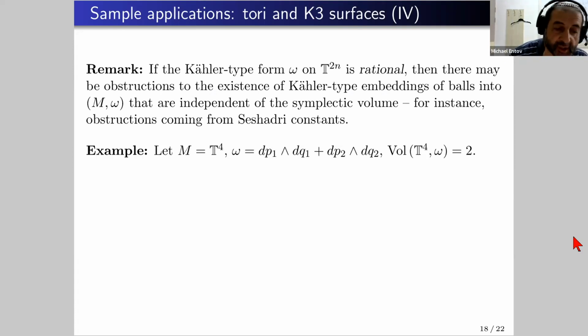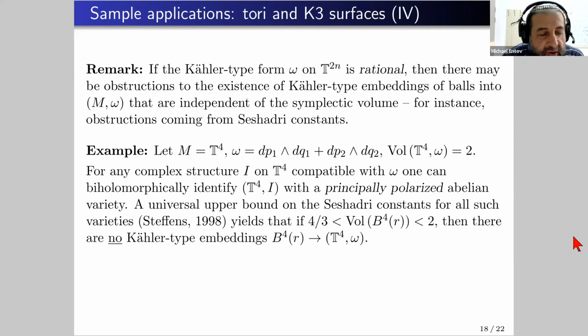So here's an example. Consider T4 with the standard Darboux form. The volume in this case is 2. Then for any complex structure J on T4 compatible with omega, one can biholomorphically identify the corresponding complex manifold with what is called a principally polarized abelian variety. For such complex surfaces, there is a universal bound on the Seshadri constant. Seshadri constant is a purely complex notion.